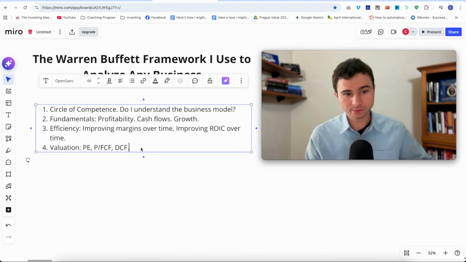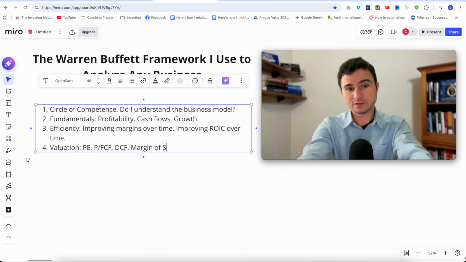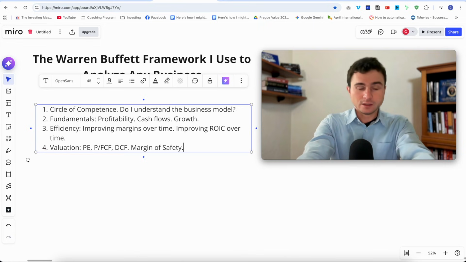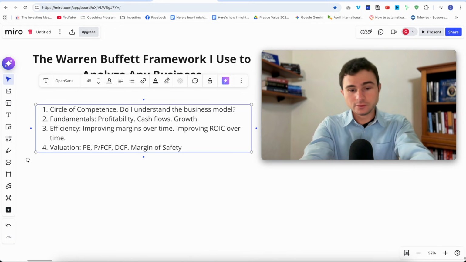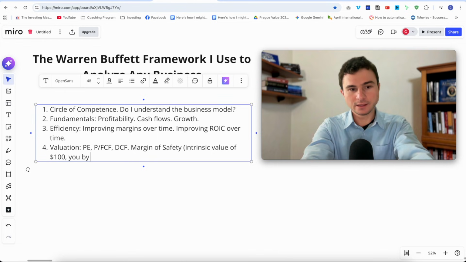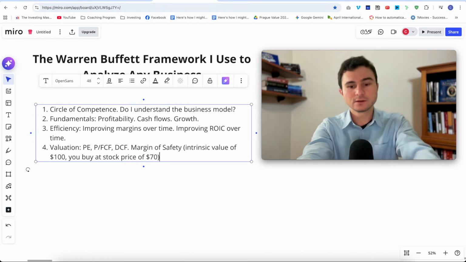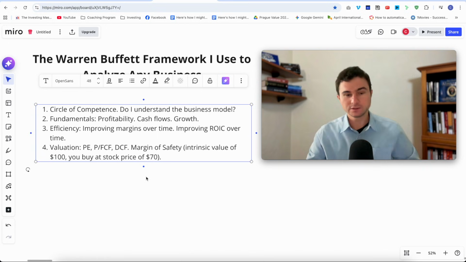Best case scenario, for the valuation part, you will find a margin of safety, meaning you find an intrinsic value of $100 and you buy at a stock price of, I don't know, $70. So you have a margin of safety.